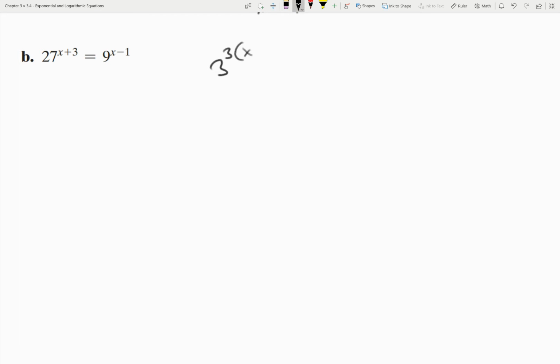Power to a power means you multiply the exponents together. And 3 squared is 9. Power to a power, multiply the exponents together. So that means 3 times x plus 3 is equal to 2 times x minus 1.